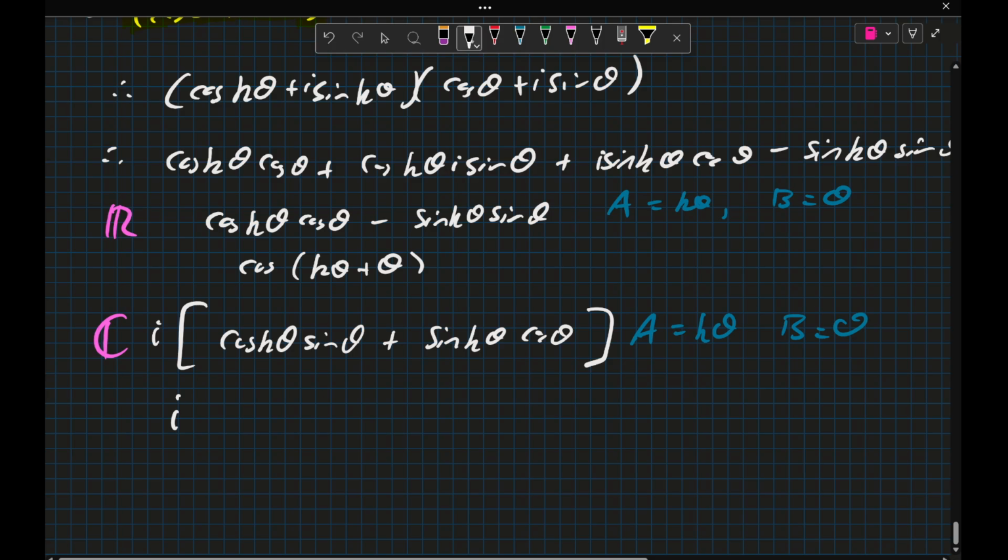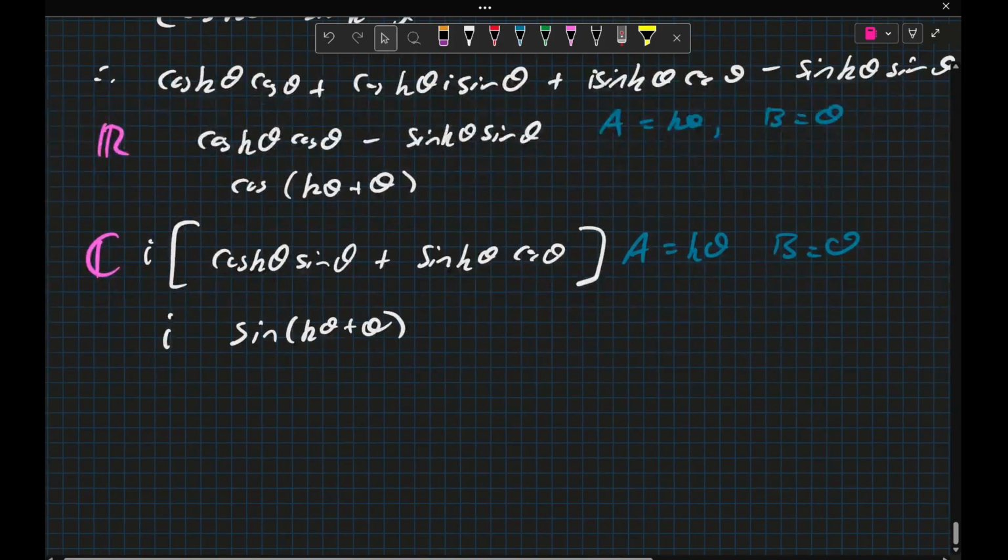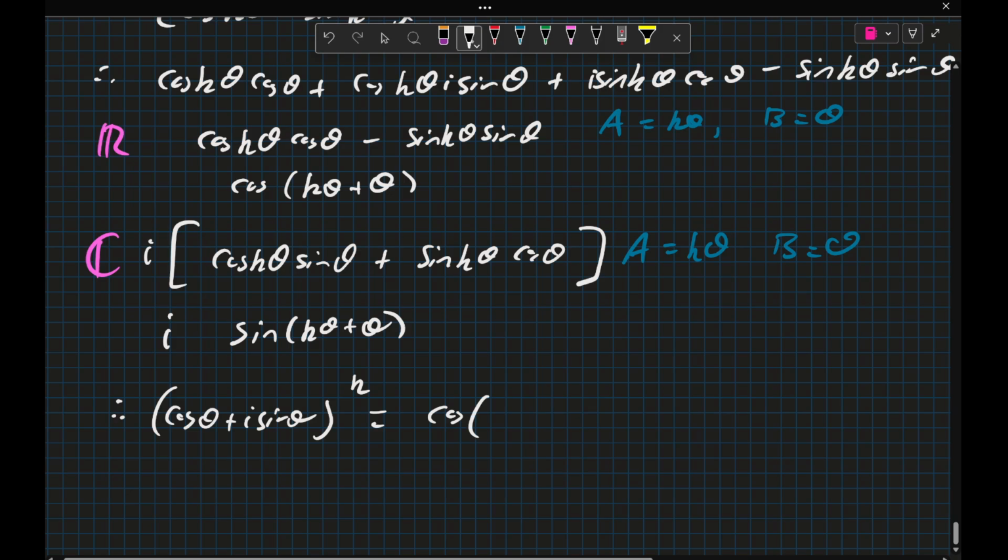Here we're going to have cos A sine B plus sine B cos A, which is sine of k theta plus theta. So combining this together, we get cos theta plus i sine theta to the power of k plus 1 is cosine of, now factoring a theta out, k plus 1 theta plus i sine of k plus 1 times theta, which is exactly what we wanted.